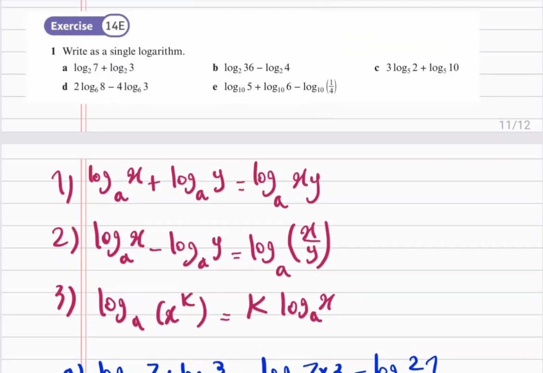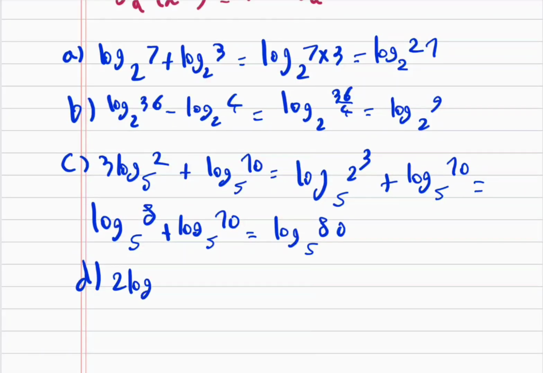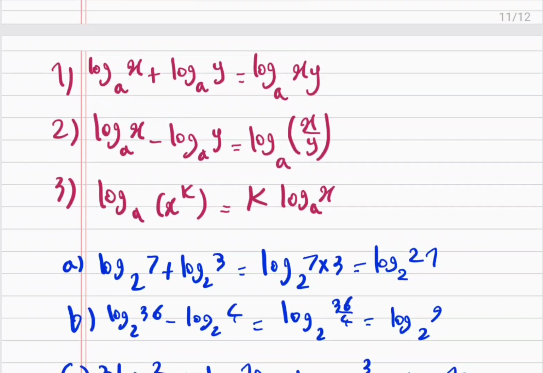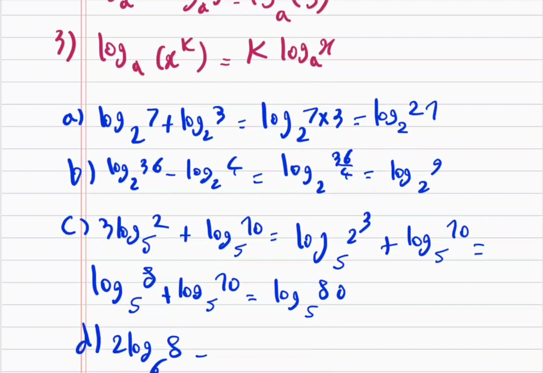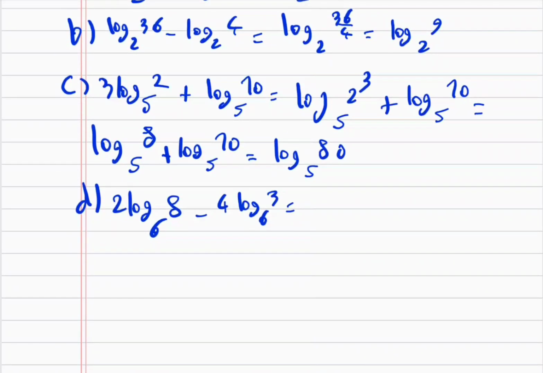And in part D, we have 2 log base 6 of 8 minus 4 log base 6 of 3. Right, so this is again the same. We first write this as log base 6 of 8 squared minus log base 6 of 3 to the power of 4.